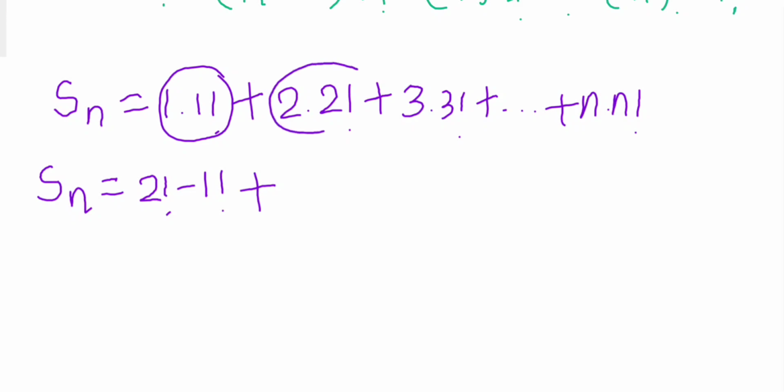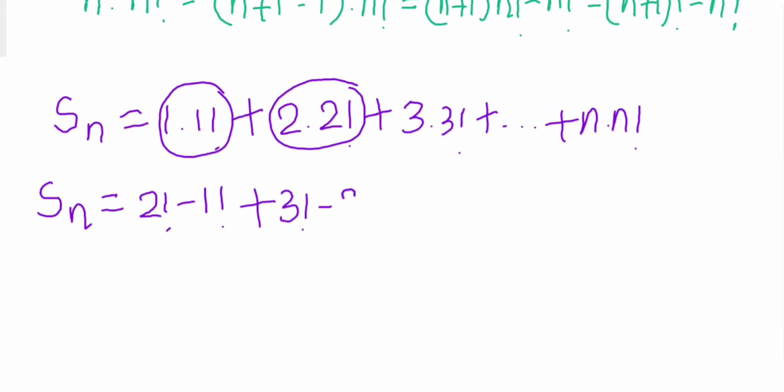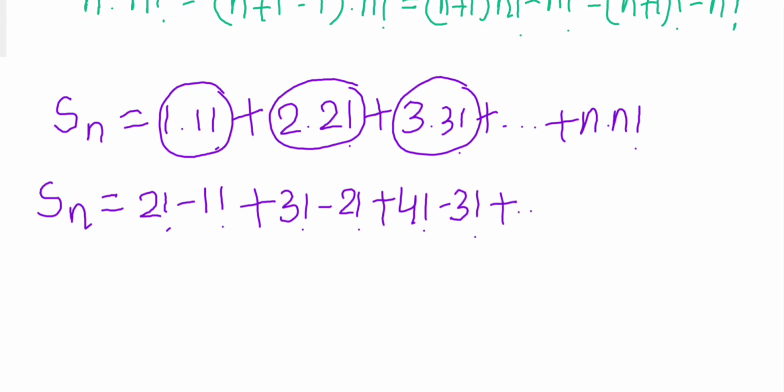Then this term equals 3 factorial minus 2 factorial, and this one is 4 factorial minus 3 factorial, and so on. And the last one is n plus 1 factorial minus n factorial.